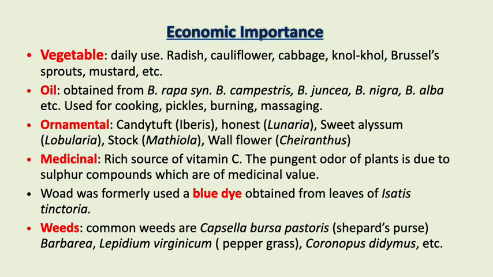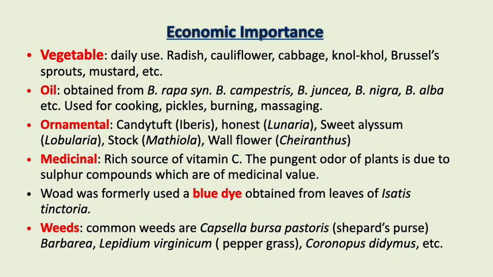Oil is obtained from Brassica rapa, synonym Brassica campestris, Brassica juncea, Brassica nigra, Brassica alba, etc. It is used for cooking, pickles, burning, massaging, etc. Ornamentals like candytuft, honesty, sweet alyssum, stock, wallflower form important plants with beautiful flowers.